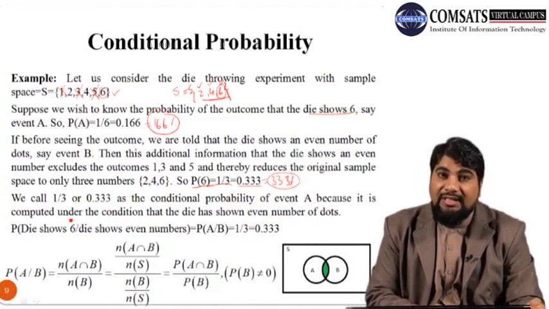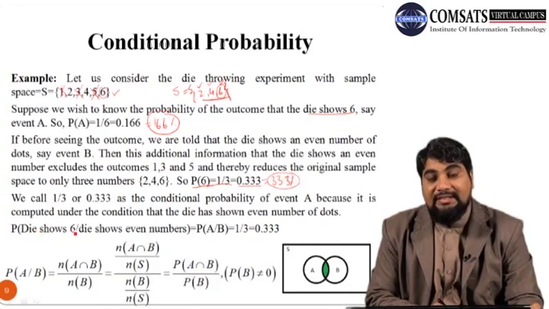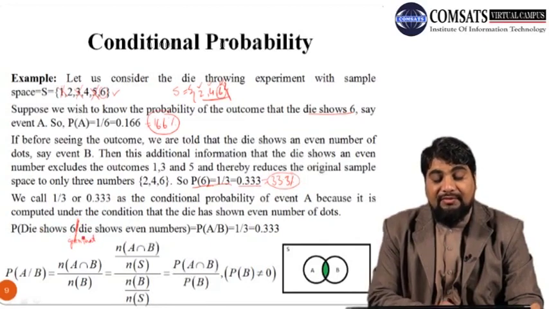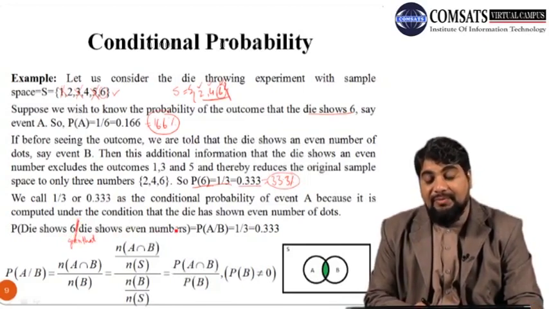Symbolically, we can write it as the probability that the die shows a 6, conditional on, this slash is used for the condition, so die shows 6 such that, or it is also called given that. So symbolically, probability of die shows 6 given that die shows an even number.